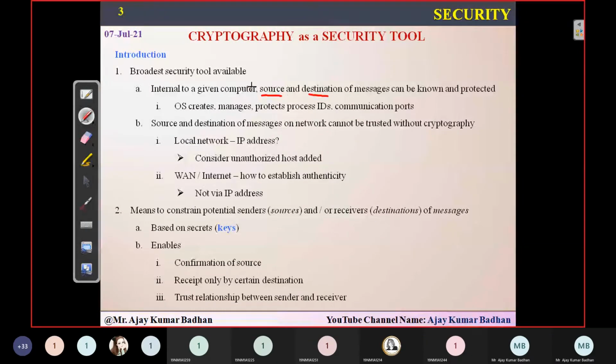Now, whatever data you are transmitting from one computer, I assume this is the source computer and this is the destination computer. From here you want to transmit some data through here. What is this part? This is what we call an open network.